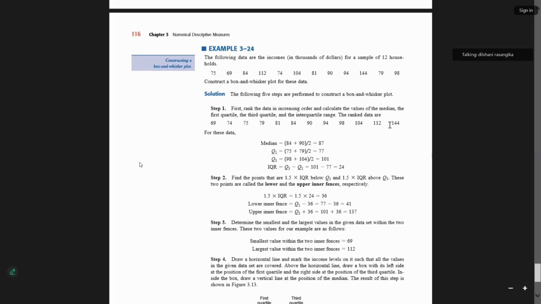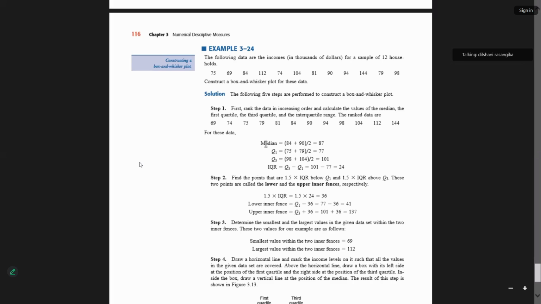So most probably you have to rank your data set in ascending or descending order throughout the first part of the question, right? So that is the normal pattern. If not, you need to order your data set in ascending or descending order, right?